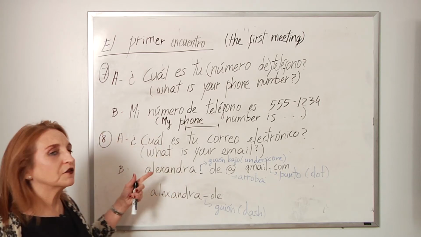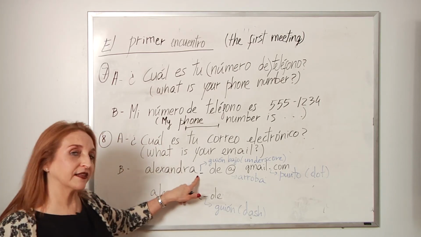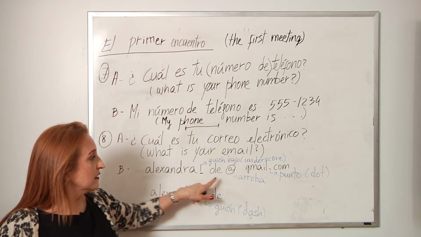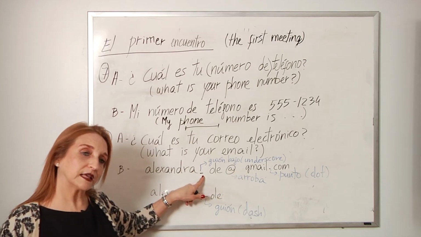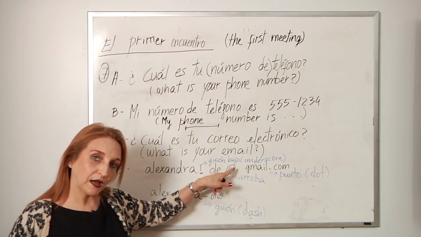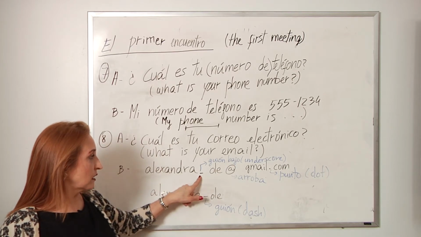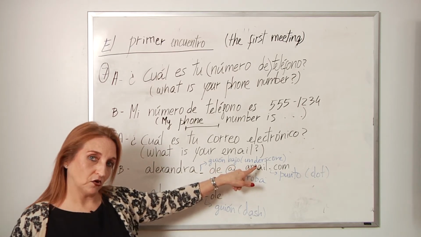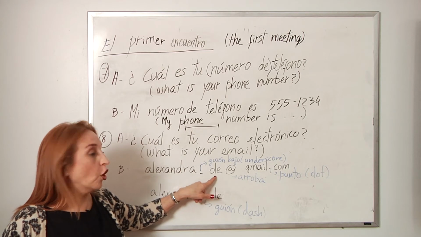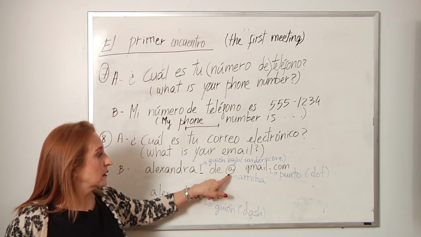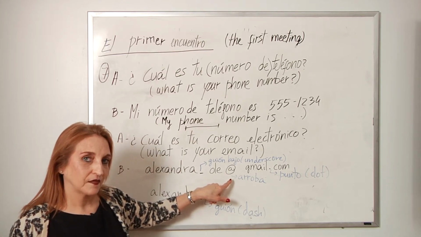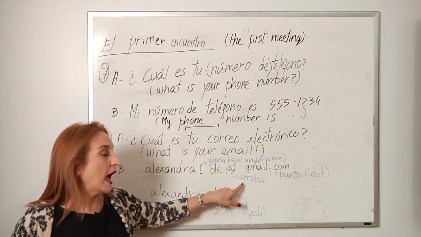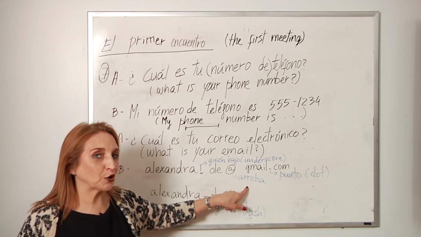In this case, for example, Alexandra, and you see underscore is guión bajo. Underscore, guión bajo in Spanish. Ole, how do you say at? At is arroba. Arroba.